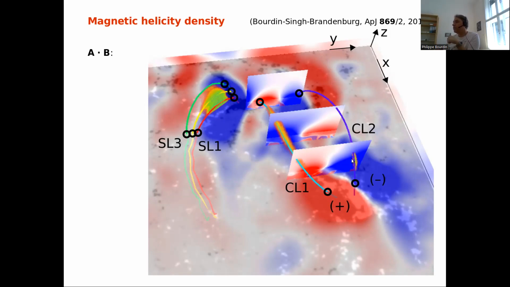And the other loop here in the core that did not really develop to a loop is actually rooted in purely blue, so negative helicity. And in the corona, if you check carefully, that is also blue. Light blue, I would say. So not very negative, but not positive at least. So there's no sign reversal along this other loop.